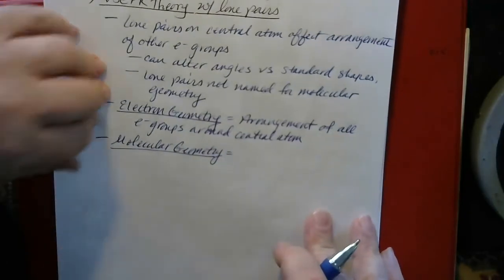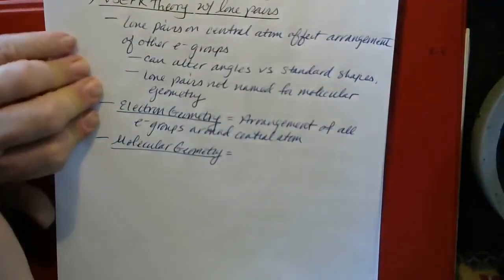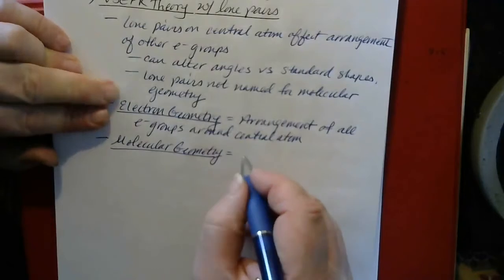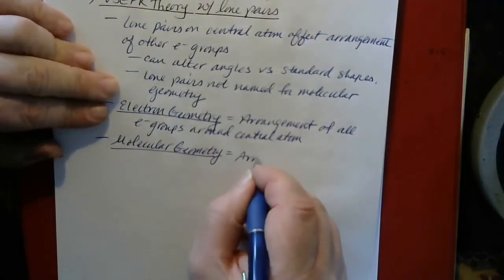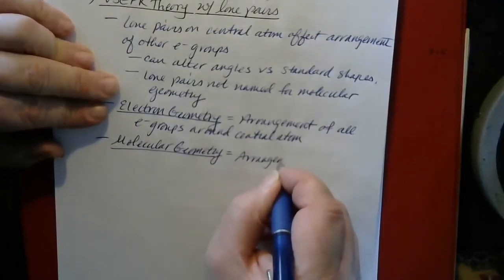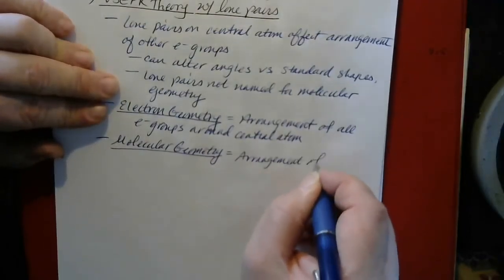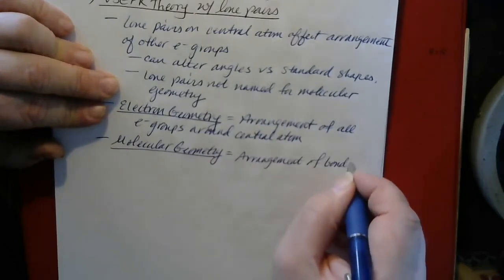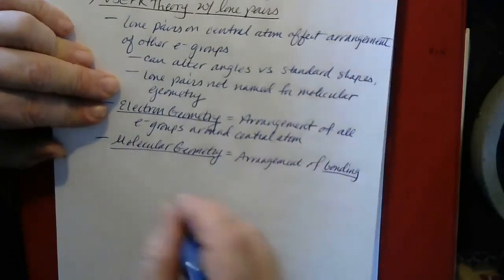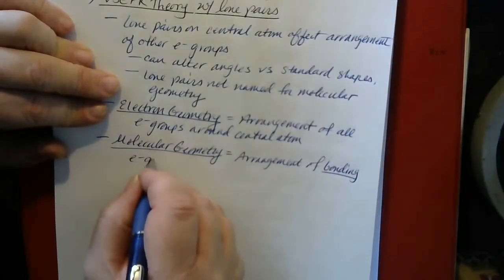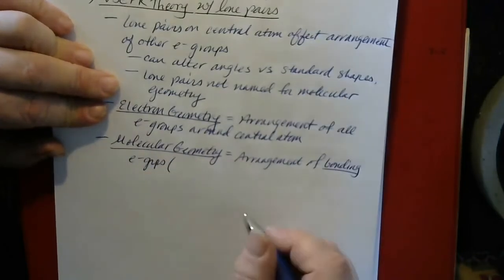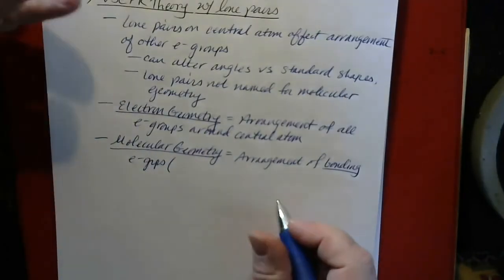Molecular geometry is the arrangement of bonding electron groups around the central atom. Because bonding electron groups are where you find the outer atoms.